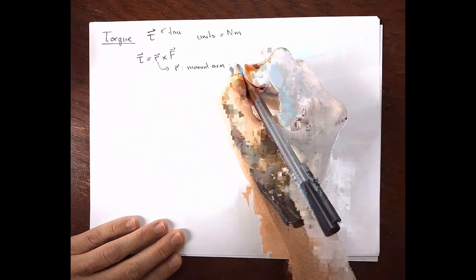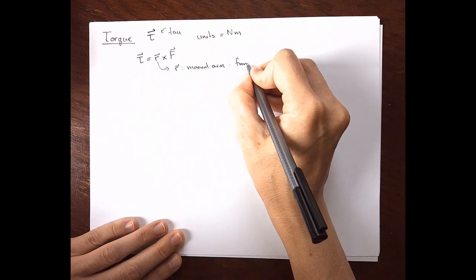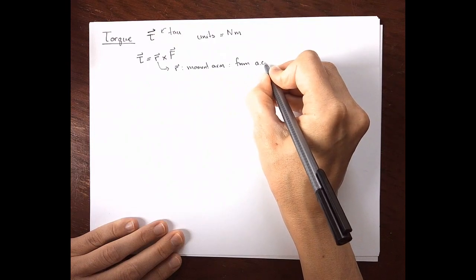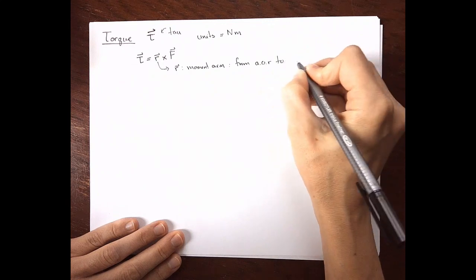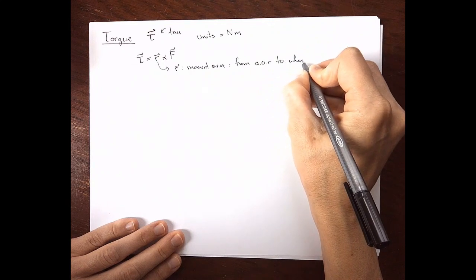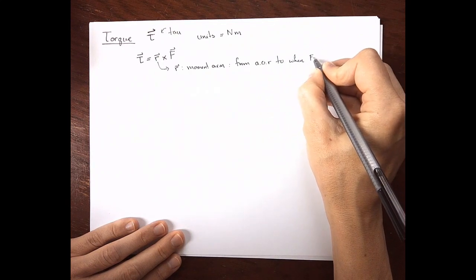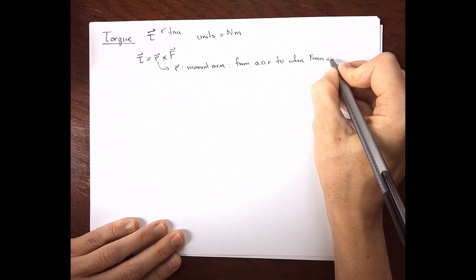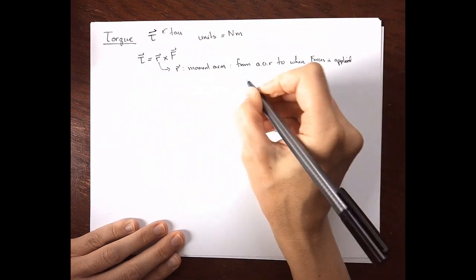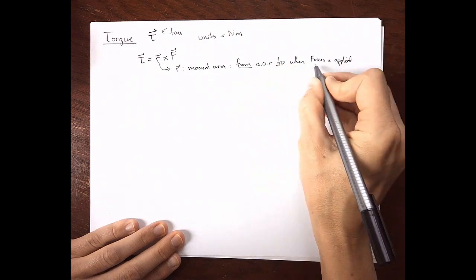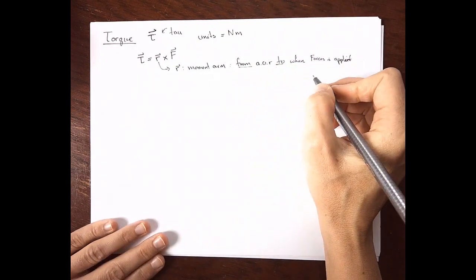So it's a vector, it goes from the axis of rotation, AOR, to where the force is applied on the object. So that means we're going to have to be paying attention to where we're drawing our forces and making sure we're drawing them in the right place.